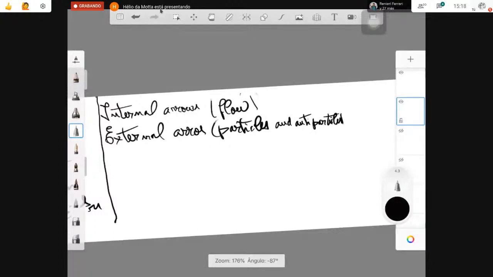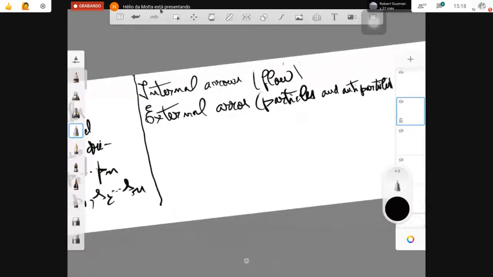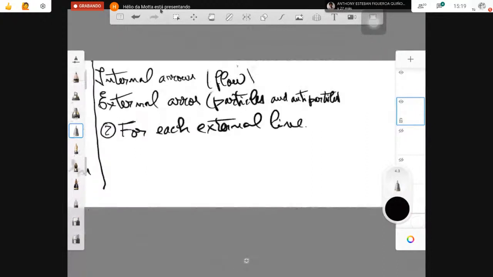So now the second step depends on what we're going to do. Now, for each external line, remember, external line is a particle, right? You're going to have vectors. What vectors?